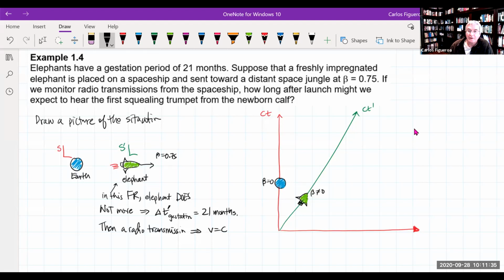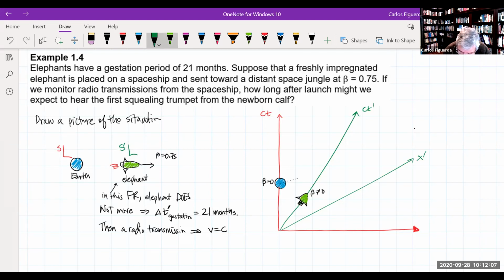So now look what happens. The elephant doesn't move for how much? During the digestion period? 21 months. So when we look at this 21 months here, right, we're going to look at a rate. Let me see if I can do this right. So if I do this like this, when the rocket gets up to here, what's going to happen?